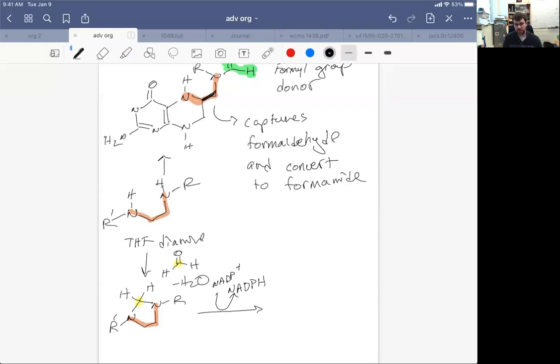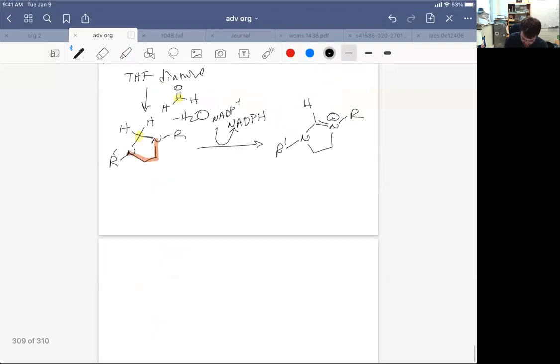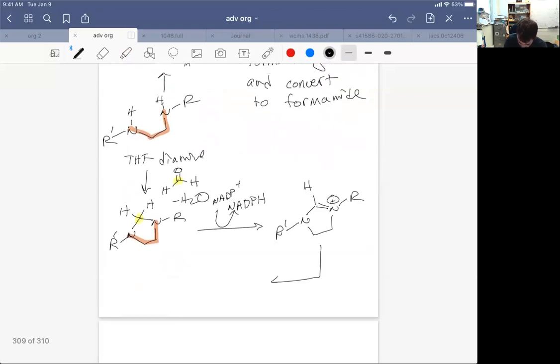That's going to remove a hydrogen and oxidize the nitrogen to give us this system, which is now positive here, and then that can react with water spontaneously to make the species used in this biosynthetic process, which has our green formyl group as part of the formamide.